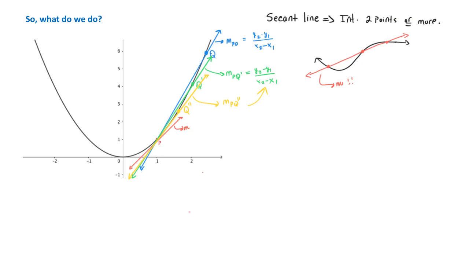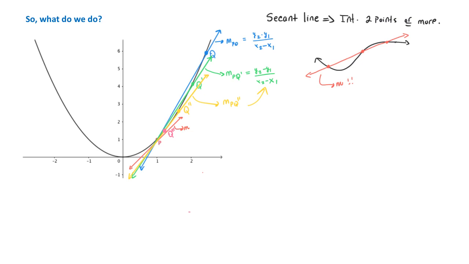Let's do one more point. Let's say now that we get even closer to P. I'm going to do this in pink. I'm going to pick a third point right there. We're going to call this point Q triple prime. We're going to connect point P and Q triple prime. Let me try to get my ruler aligned.